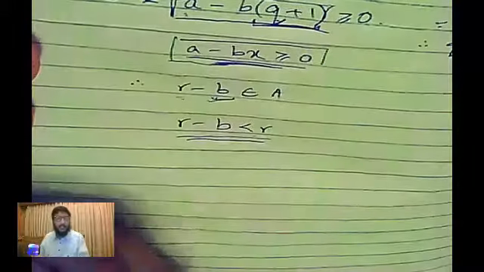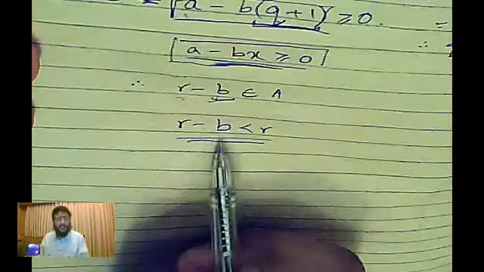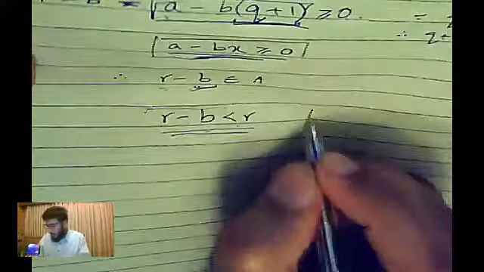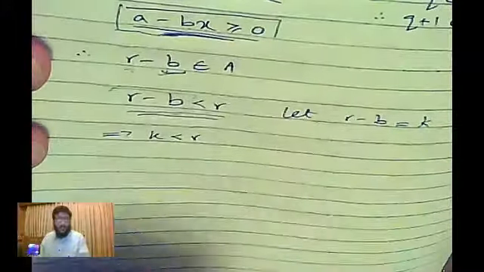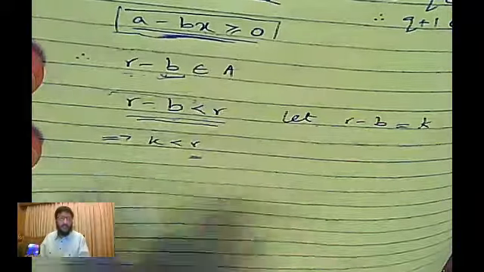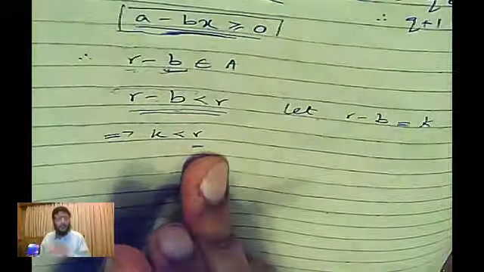But this right here is a contradiction, because that means that the number r minus b, whatever that number is, okay, let r minus b equal k. This implies k is smaller than r, but r was the least number of A, and this was a contradiction.